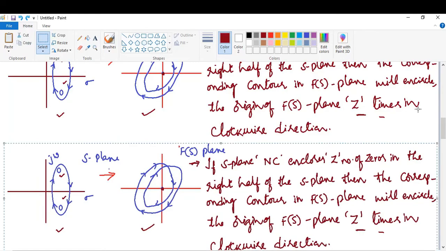Suppose here we have taken poles; this is one pole, this is another pole. These two poles are enclosed by this Nyquist contour in the right half of the S plane. In this case, we can draw a Nyquist plot corresponding to this contour, and that would be in anti-clockwise direction.